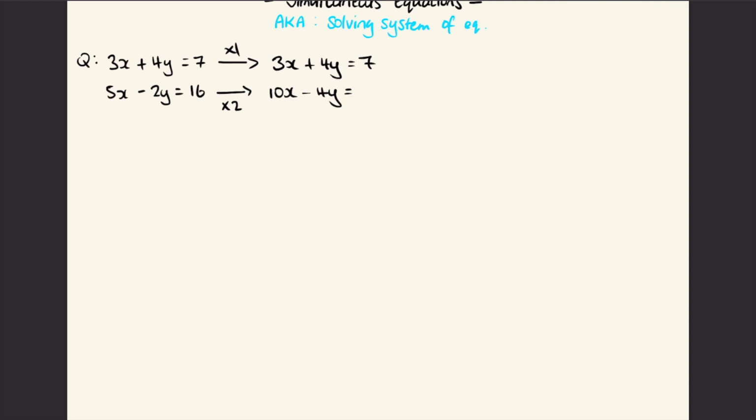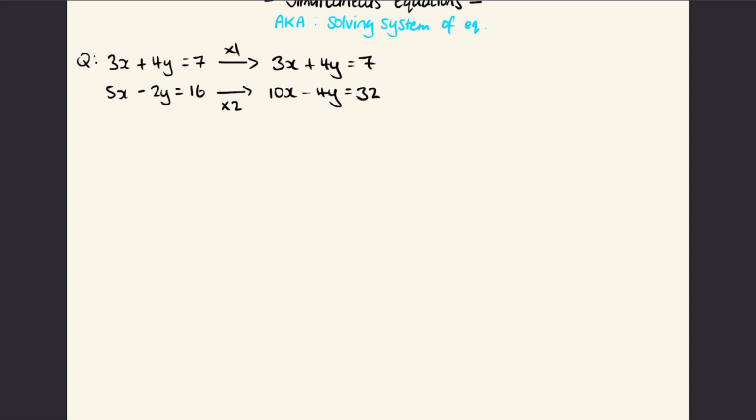Okay, so when you multiply, just remember you need to multiply everything by 2, whether it's on the left or right hand side, which is how I got this equation over here. The reason I made this times 1 is to keep the 4y the same. So now I have plus 4y and minus 4y. In order to eliminate these, we can add them, plus 4y and minus 4y, to get 0.